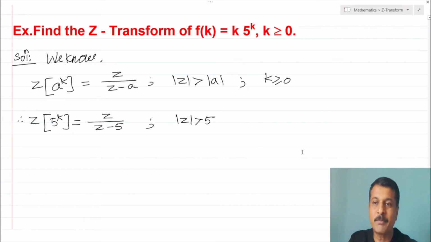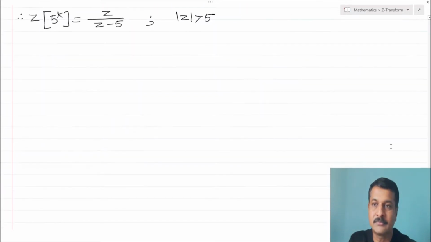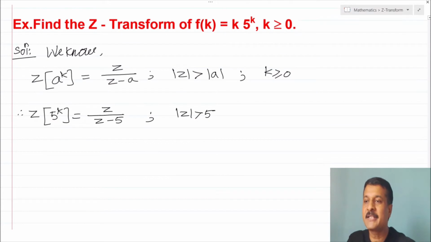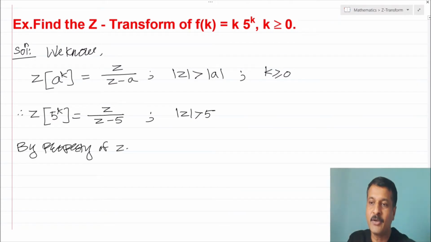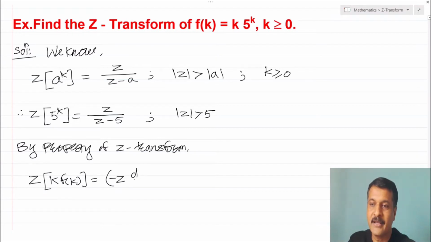Now, we use the property of Z transform for multiplication by k. By the property, Z transform of k into f of k equals minus Z into d by dz of the Z transform of f of k.